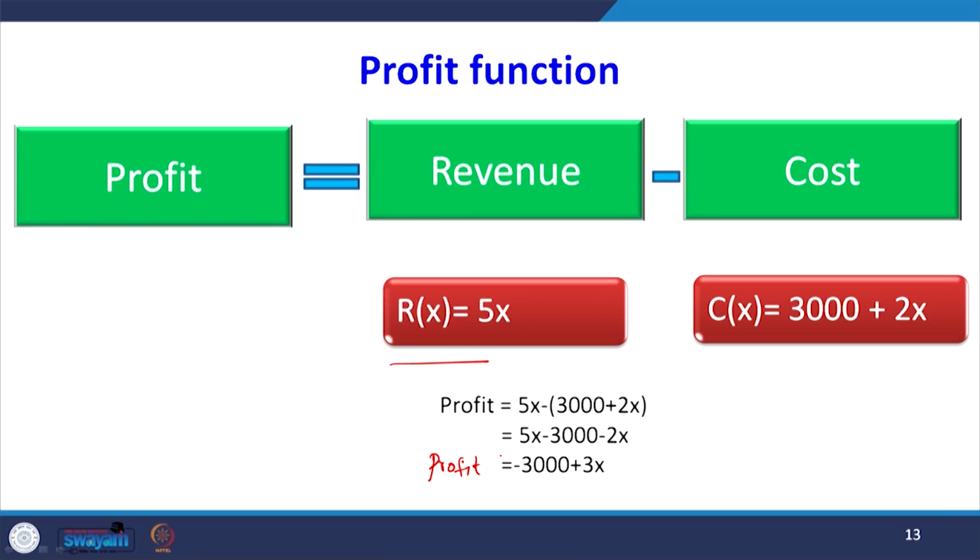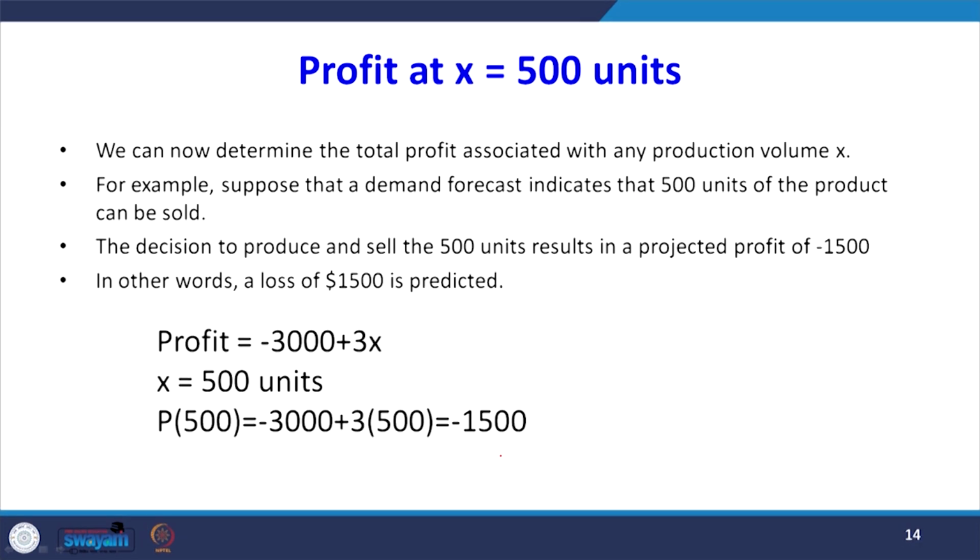What we have seen? We have studied separately what is the cost function, we have studied what is the revenue function, when you subtract revenue minus cost, you are getting the expression for your profit. We can now determine the total profit associated with any production volume x, because we got now the profit function.